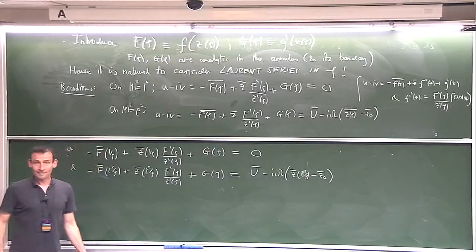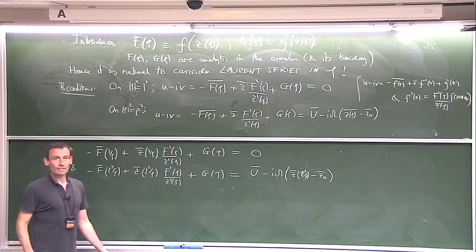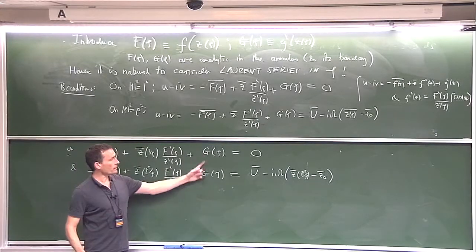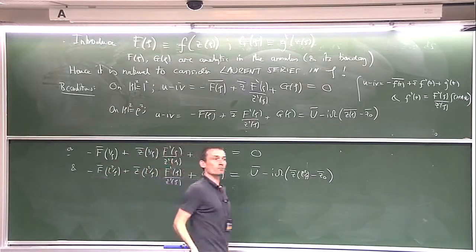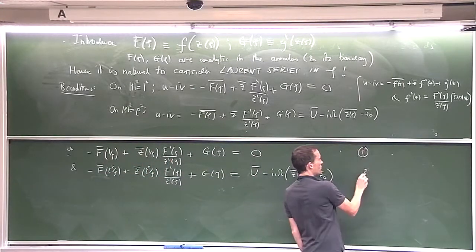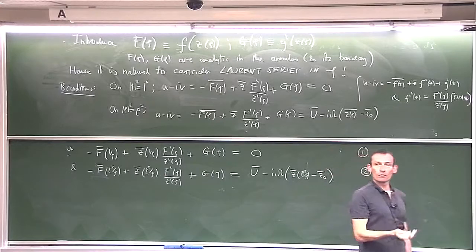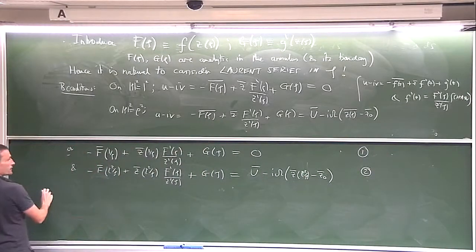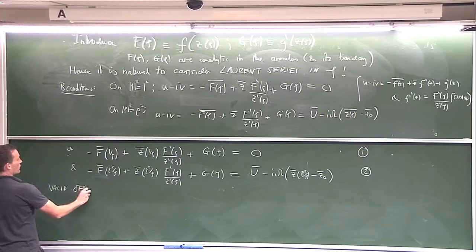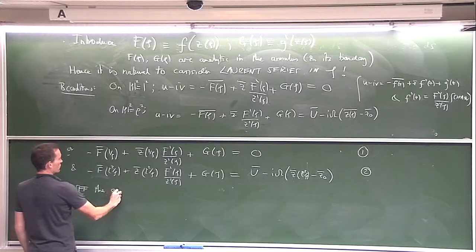Right? Isn't that amazing? So in particular, here's G sitting here in both equations, and they're both valid in common domains of validity, so I can subtract them to get rid of G. So by analytic continuation, these are valid off the original circles.